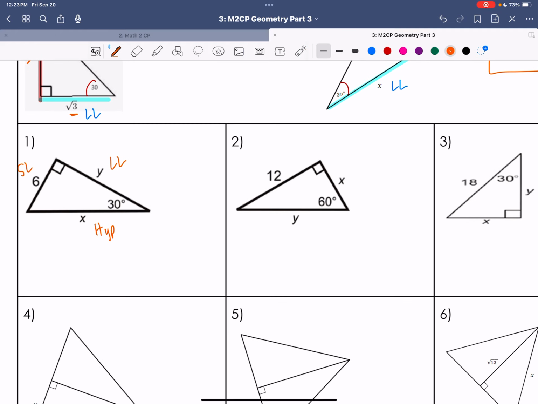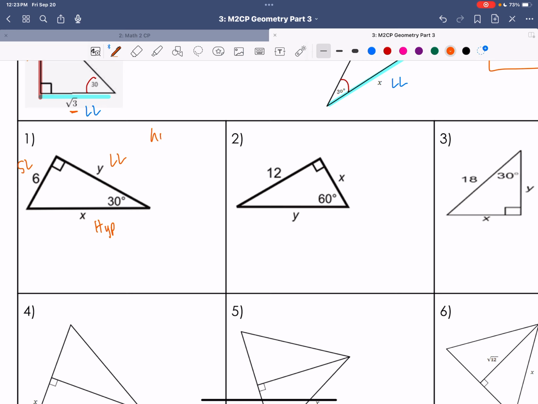All right, so let's start here. Hypotenuse equals 2 times the short leg. So our hypotenuse is x equals 2 times 6. So x is going to equal 12. Okay, now let's solve for y. For y, you're looking for the long leg.